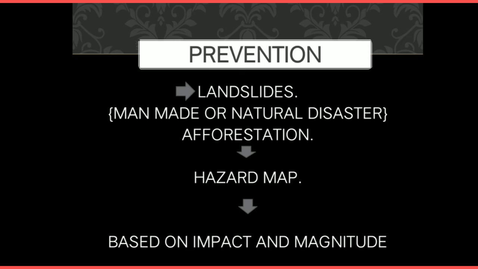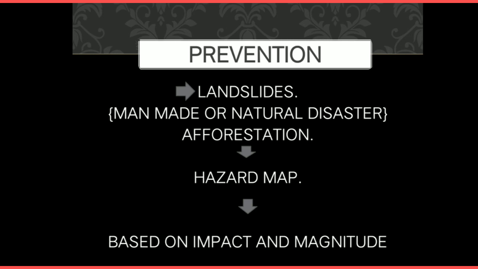So prevention can be explained with the example of landslides, for a greater understanding of the prevention process. Landslides may be man-made or natural disasters. In order to prevent landslides, we can use afforestation.